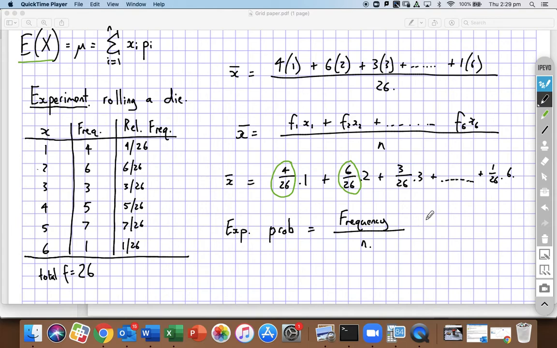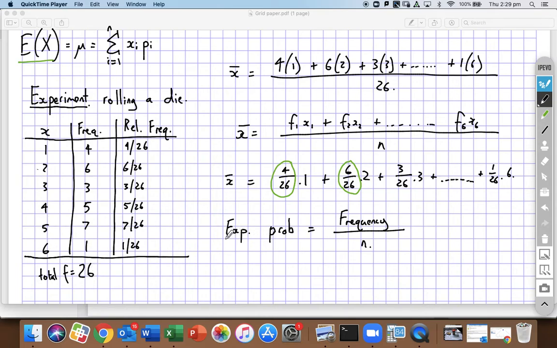So if I knew the frequency and I knew the n, I could get to the mean without having to do it the long way and add up all 26 of my outcomes and then divide them by n at the end.